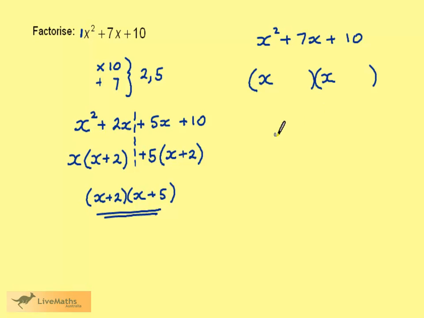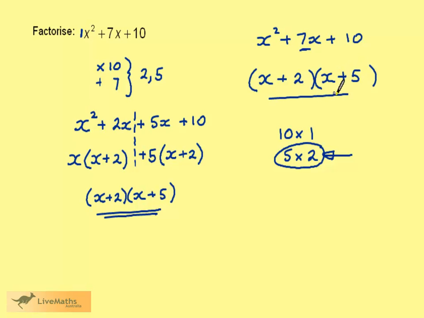To get 10, we can either do 10 times 1 or 5 times 2. But we choose this one because 5 plus 2 gives us 7. So our answer is x plus 2 and x plus 5 as it was before.